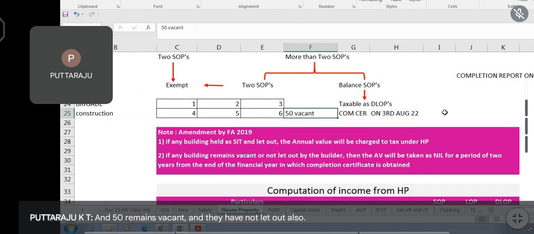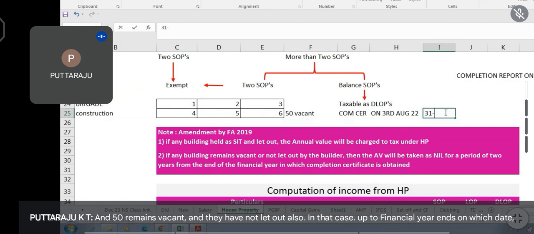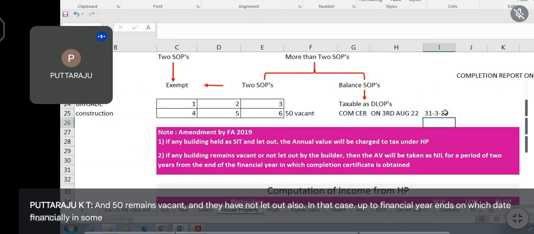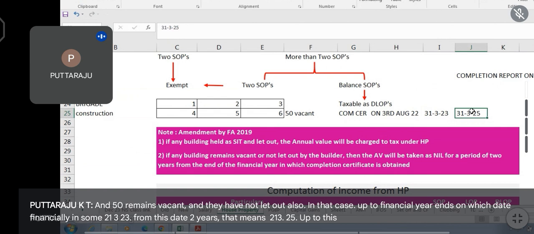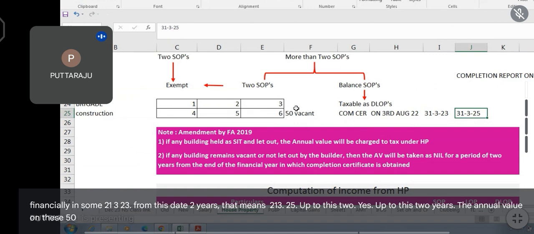In that case, up to, the financial year ends on which date? 31/3/23. From this date, 2 years, that means 31/3/25. Up to this 2 years, the annual value on these 50 vacant properties is not taxable.